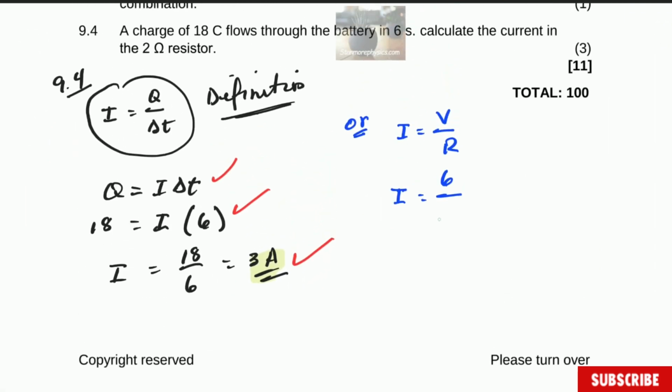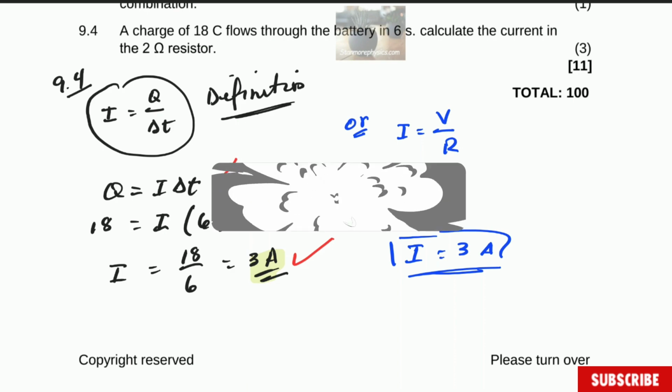When you divide by 2, you get that current is equal to 3 amperes. That is the other option that you can do there, and this one is for grade 11. Same story: 1 mark for the formula, 1 for the substitution, and 1 for the answer.